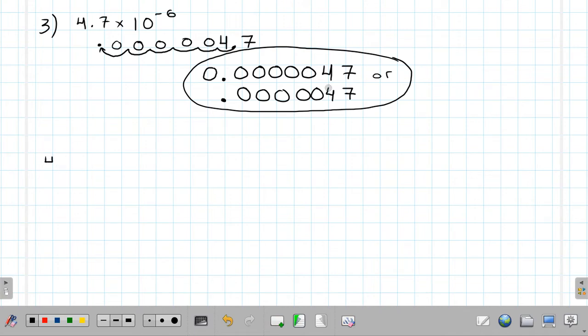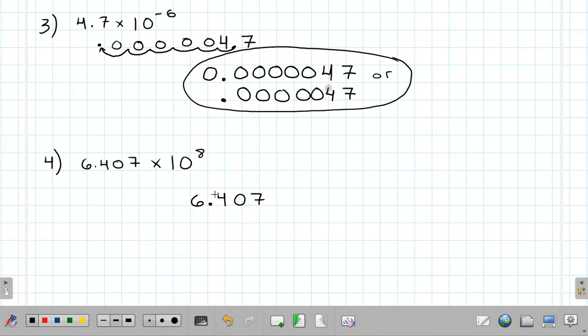And then the last one, like this type of question, number 4, we have 6.407 times 10 to the 8. Okay. Well, once again, we're going to start off with the number 6.407. We see the decimal is between the 6 and the 4 here.